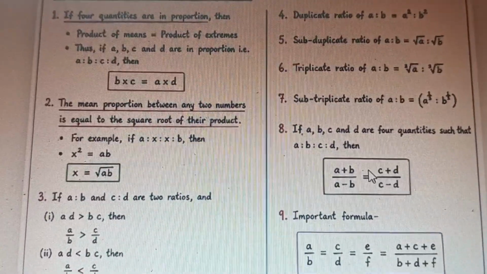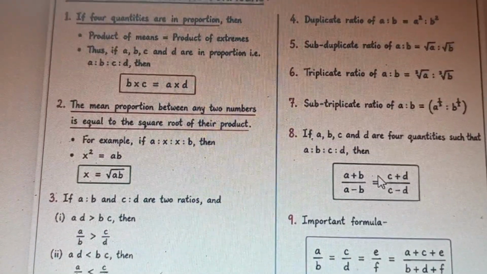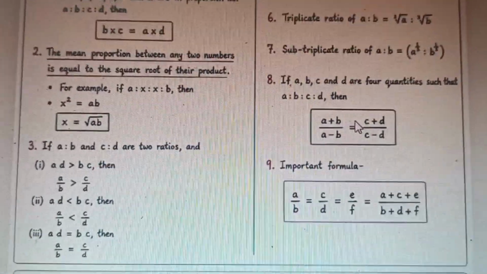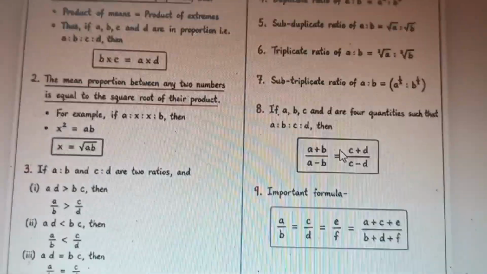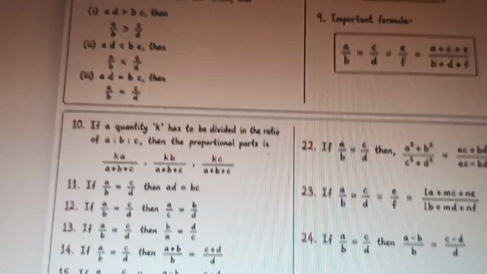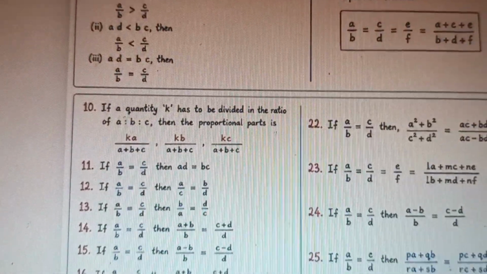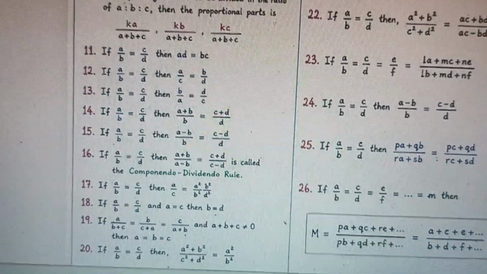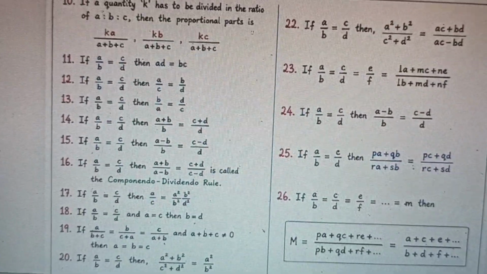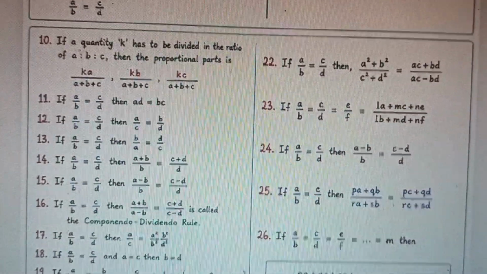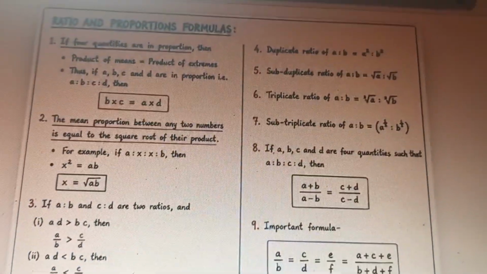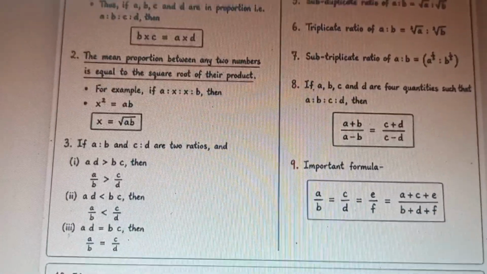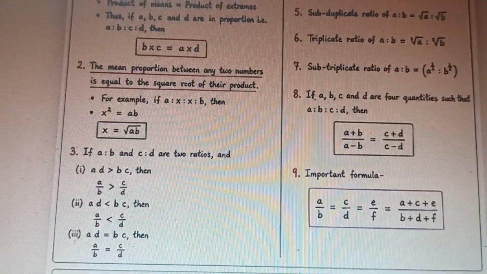So everyone, we have now completed all the important formulas in ratio and proportion. Simply memorizing these formulas is not enough. The real challenge is knowing how to apply each formula in the exam. Many students remember all the formulas but get confused when solving questions because they don't know which formula to use.